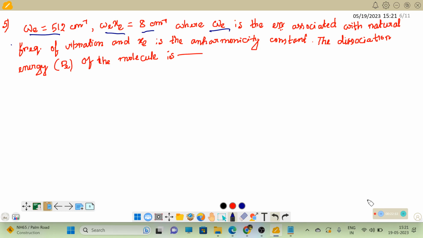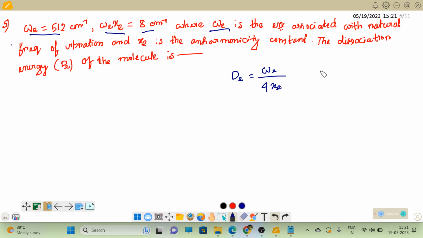So here you have to know the formula for De, the dissociation energy: omega E squared by 4 omega E xe.